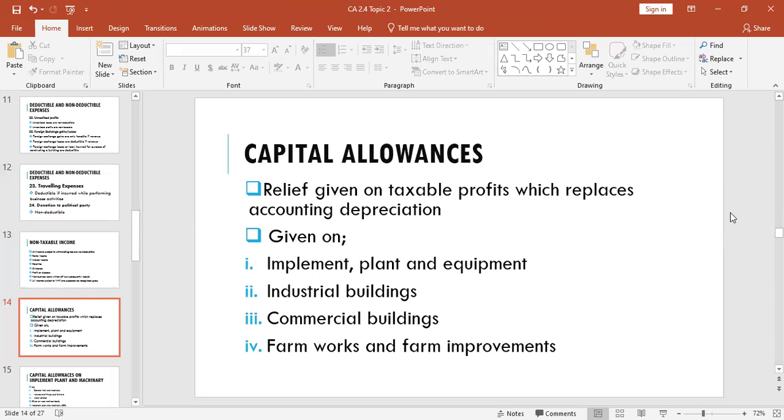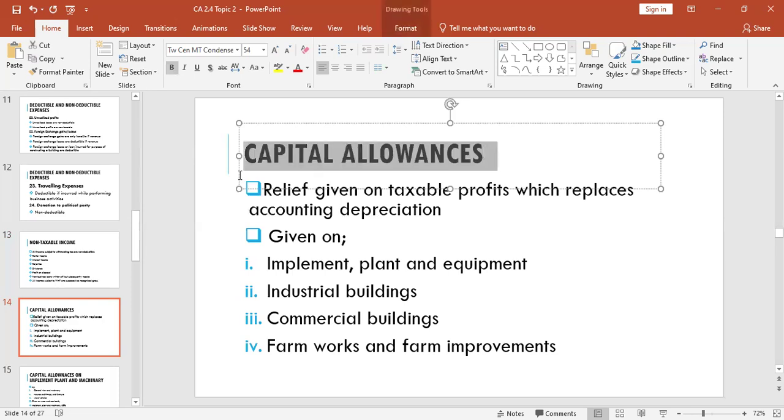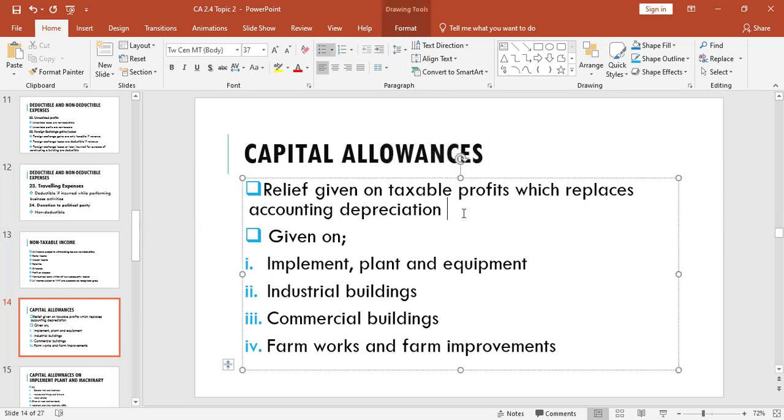We don't accept it, but we're going to give you our own depreciation, which we think is appropriate, because you might inflate your depreciation. This is what capital allowances are. I'm going to emphasize they're the foundation of taxation. You can hammer very good marks if you understand capital allowances.